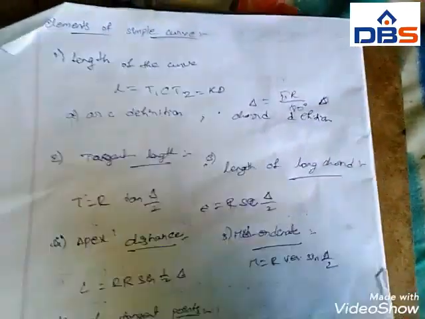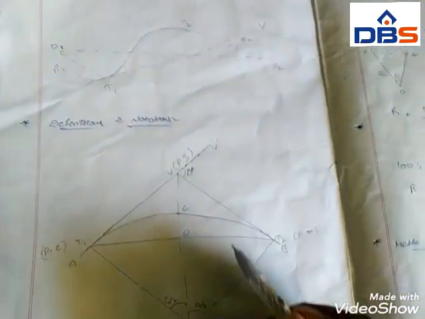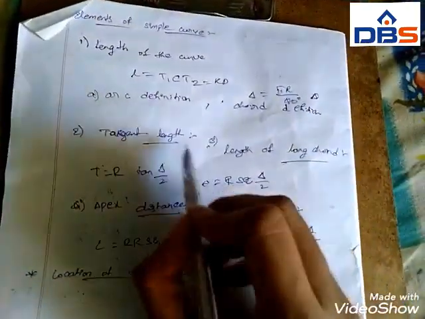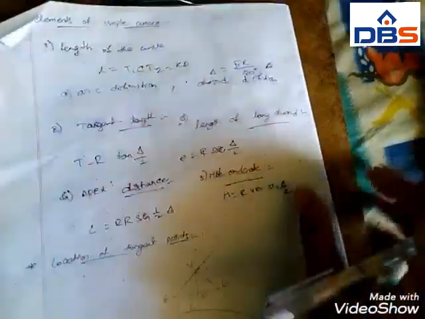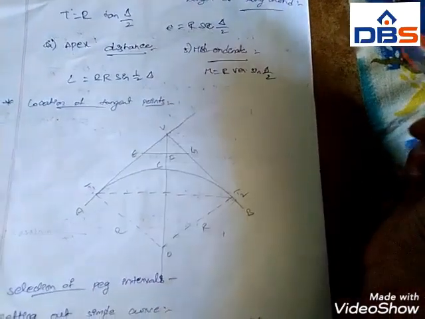In the previous session we defined the terms for the curve. Here we find the formulas to calculate those terms. Now the location of tangent points. To locate the points, we have a procedure.